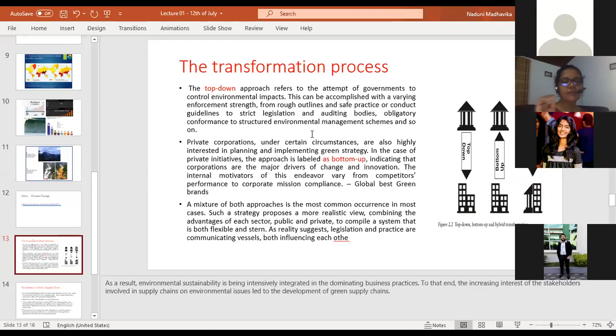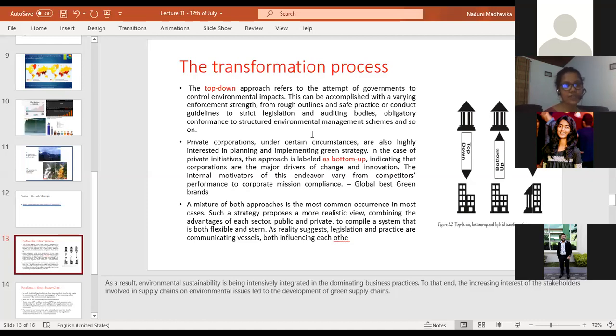When it comes to the top-down approach, the focus is mostly on how the government controls the environmental impact. This can be accomplished with varying enforcement strength, from rough outlines and safe practice or conduct guidelines to strict legislation and auditing bodies. In order to control the environmental impacts, as I told you, government has imposed rules and regulations.